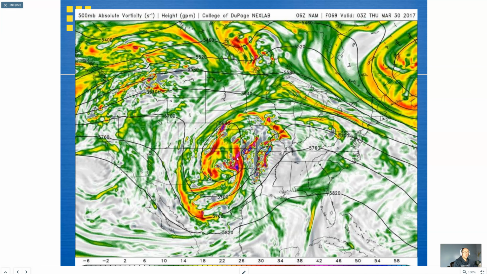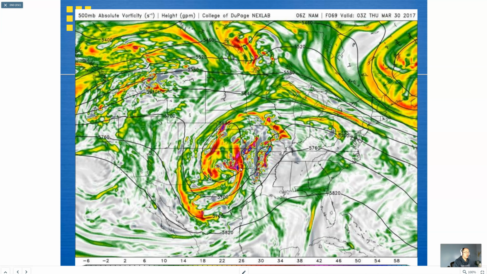And then, as we're going to talk about shortly, we often concern ourselves much more with the idea of vorticity advection. In other words, where is the wind, which here would be rotating counterclockwise with this trough across the plains? Where is this wind, for instance, moving in a west-southwesterly direction across northern Texas, moving these high values of vorticity to?